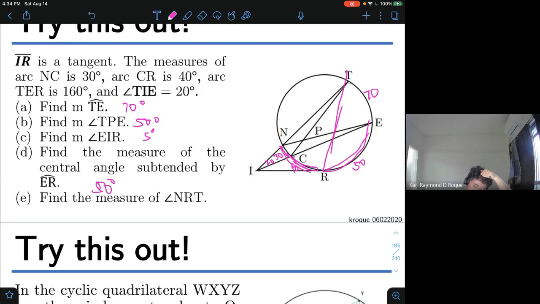Kung 160 degrees ito, ay sorry, kung 120 degrees ito, tama. O, 30 degrees. TER is 160. 40. Itong natitira is 130 degrees. And RT is 65 degrees. Next.